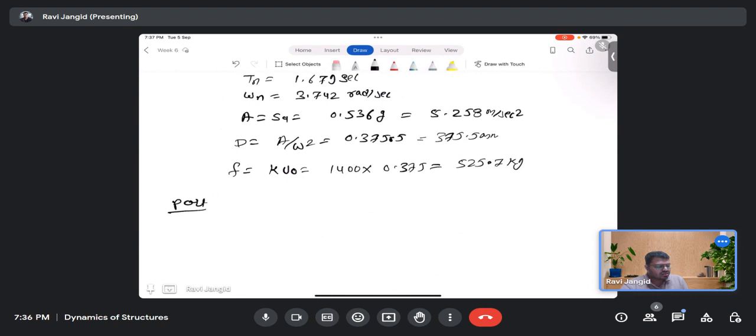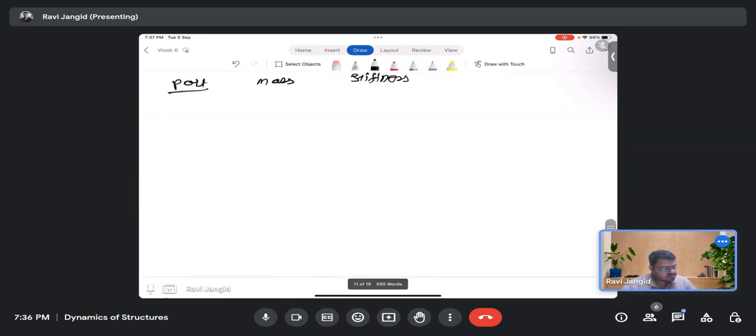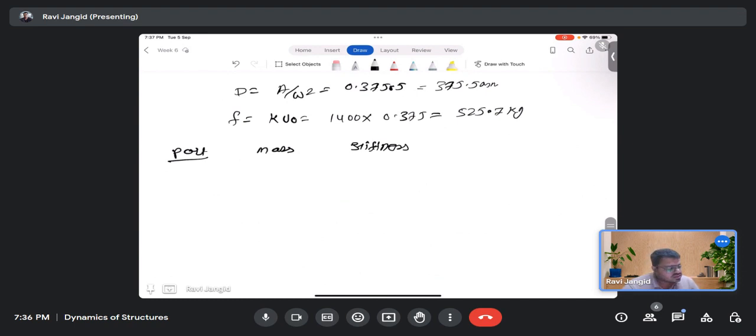So let us compare part, mass, stiffness, Tn, D, and base shear, in kilonewton, in mm, in second.